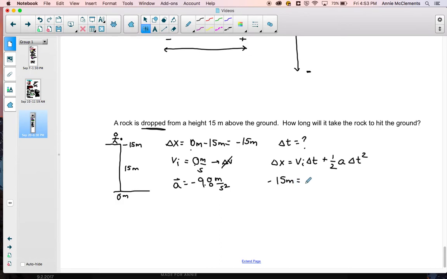I personally like to plug them in and see what pieces of this I might be able to get rid of, what might simplify. On an initial look, this term here is going to go to 0, because it's something multiplied by 0. So I can just get rid of that.